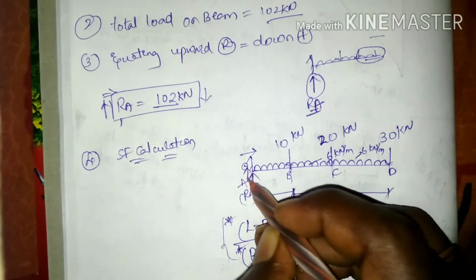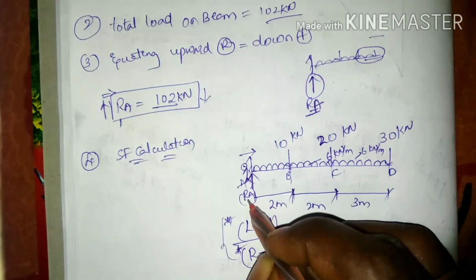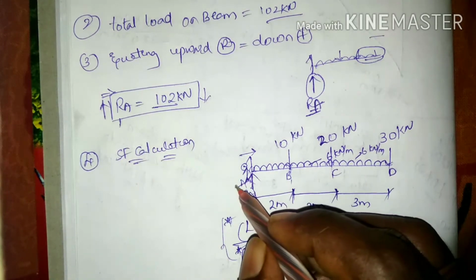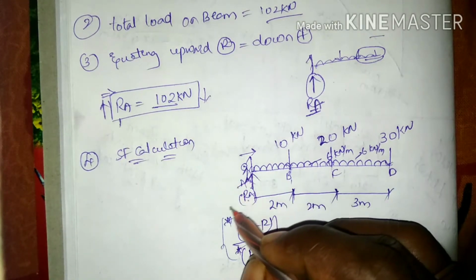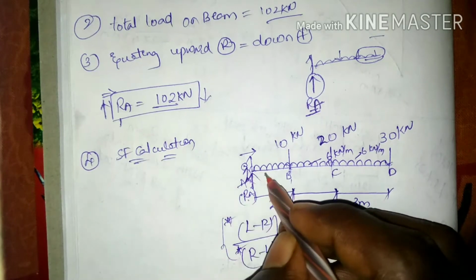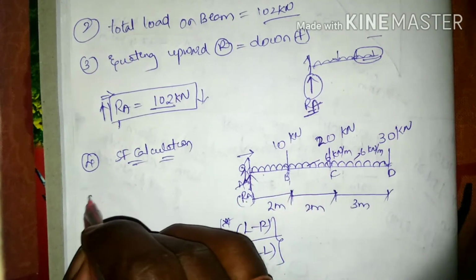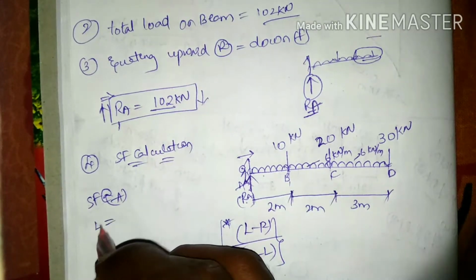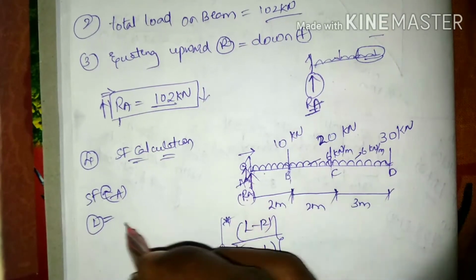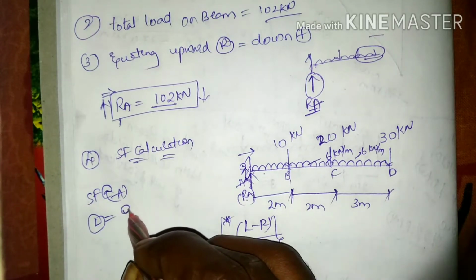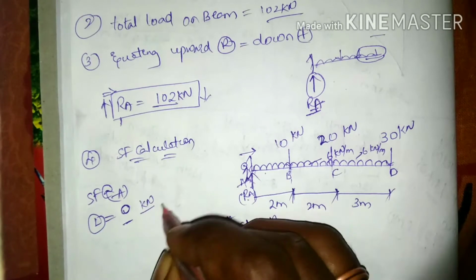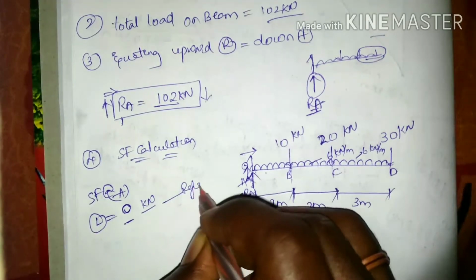When I stand just left of A, I don't find any loads or supports acting on this beam, so the shear force at the left of A is 0 kilonewtons, on the reference line.